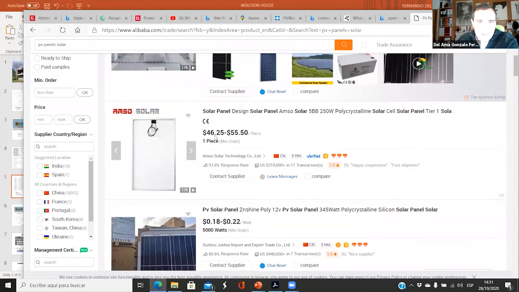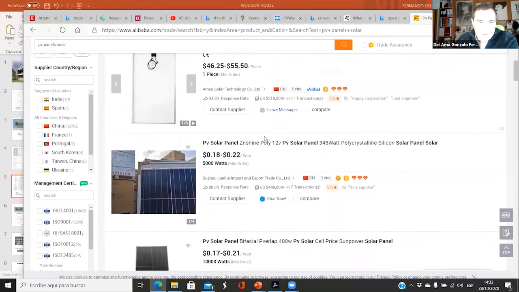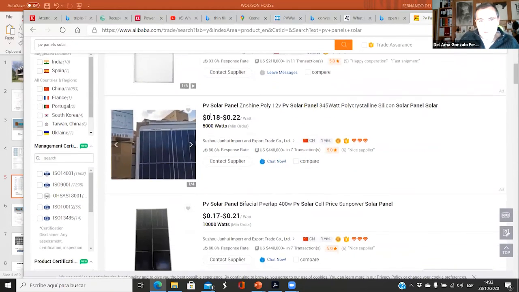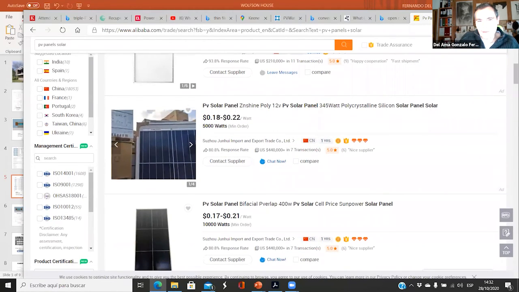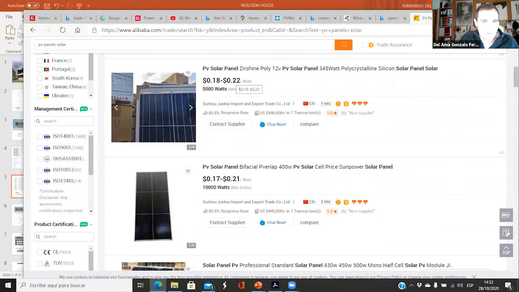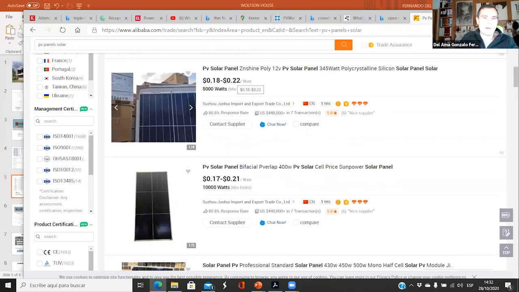Okay, so here one piece, it's around $46 to $55. I prefer this one because we can have the price per piece, or we can have the price per watt. So this is more realistic. Look at this, it's like 22 cents. This is 21 cents per watt. Okay, so the price is around 20 cents per watt.